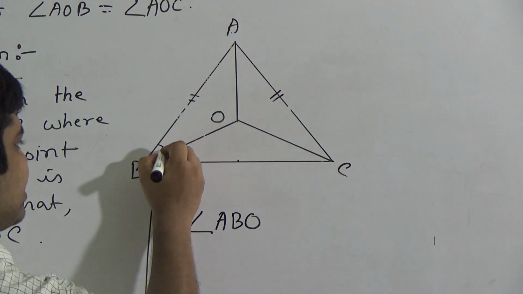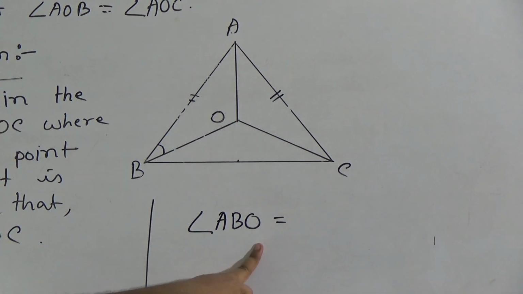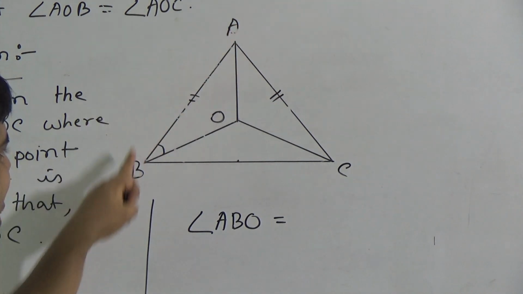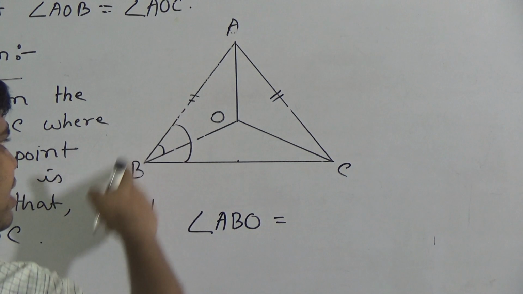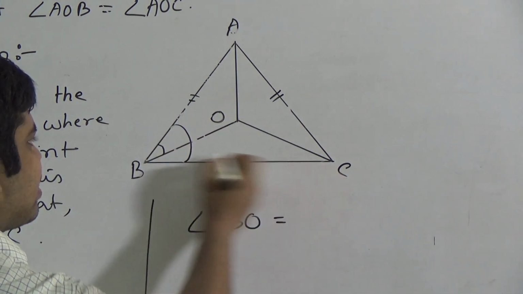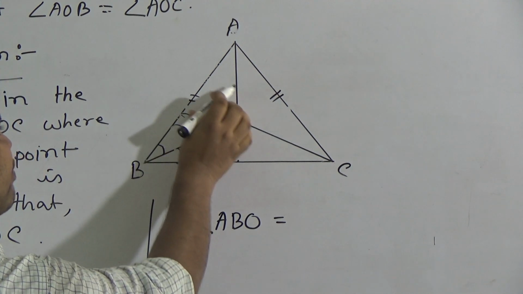ABO, this angle. We can write this angle by subtracting OBC from the angle ABC. That means from the whole angle ABC, we subtract OBC, and we get this one. I hope you have understood.